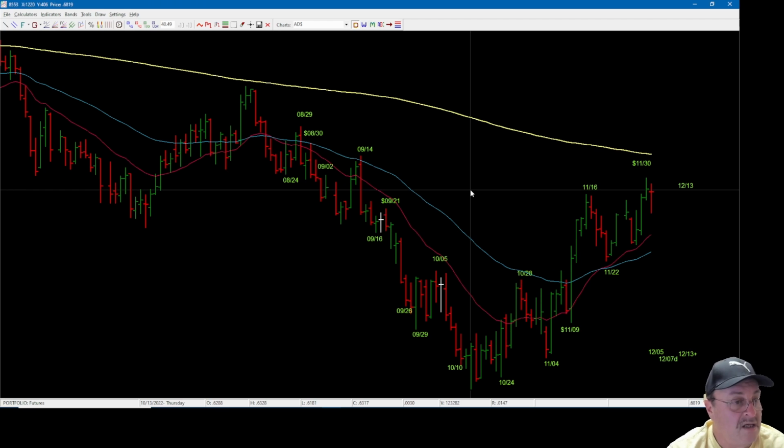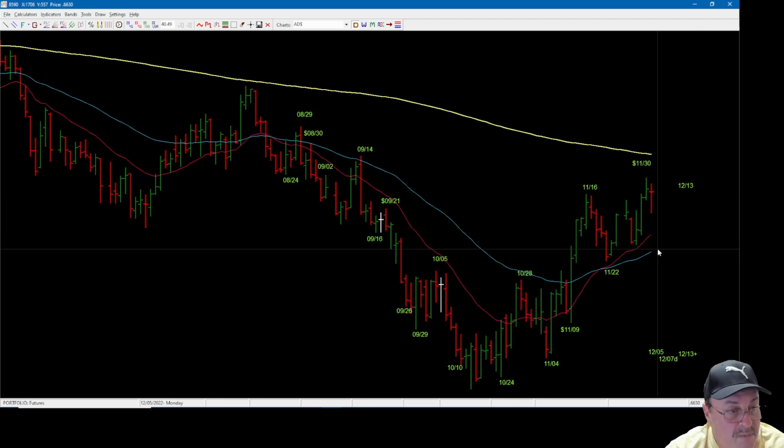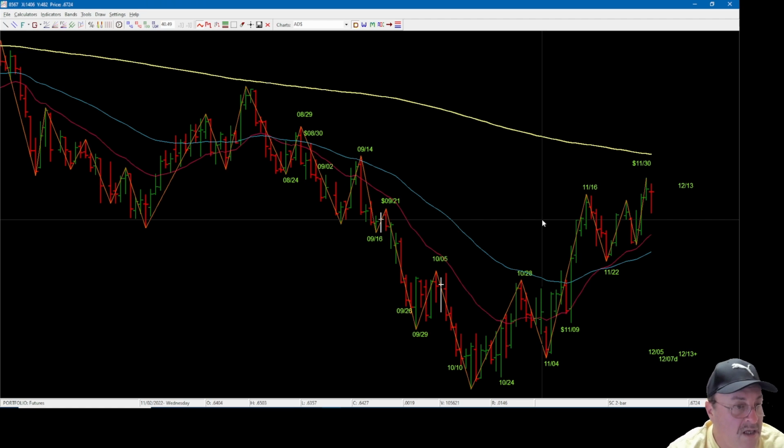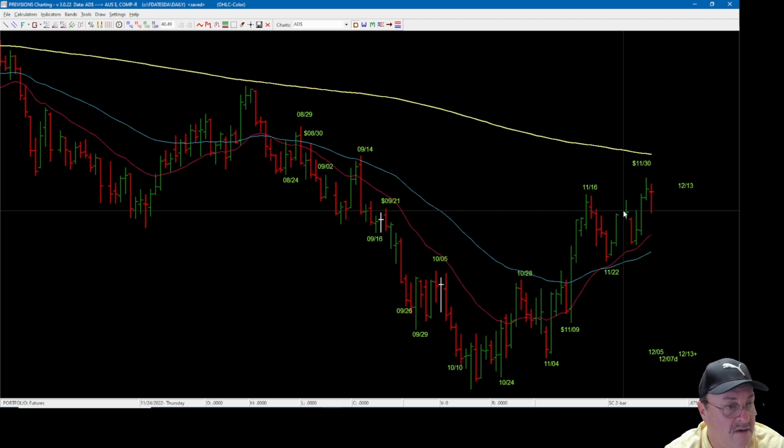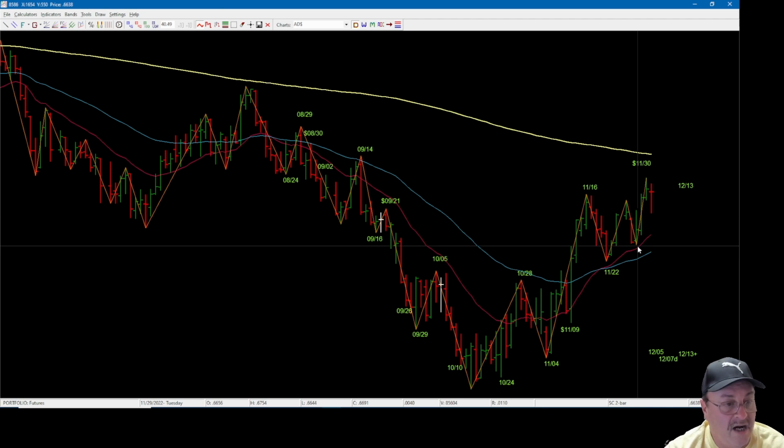Make sure to check if the price bar comes just below this but is still above this, will the 2-bar work? Let's see. Yeah, it will not. Okay, that's the 2-bar right there. So it must be higher than that one right there. Okay, you see how I did that?